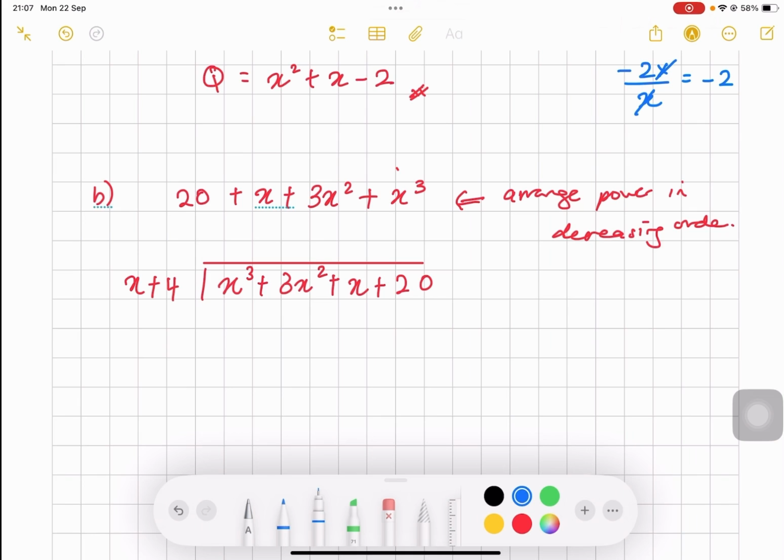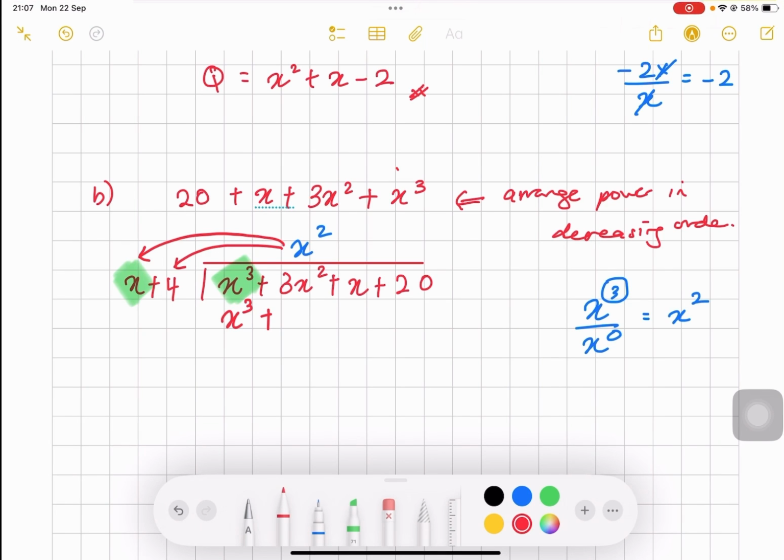Alright, then again x and x cubed, divided by x, 3 minus 1, so x power of 2. Then x power of 2 times x cubed plus x power of 2 times 4, 4x squared.